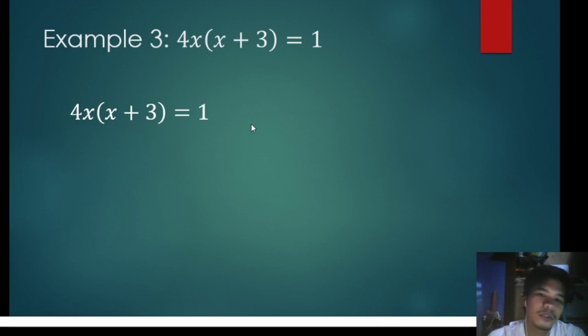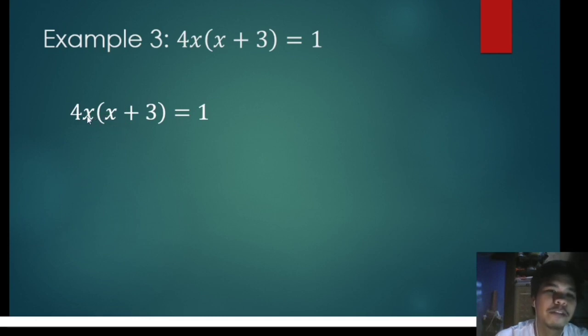So all we have to do is to write it into its standard form using the distributive property, in which we're going to multiply 4x to each term of this binomial, which is x plus 3, or the expression inside the parentheses.